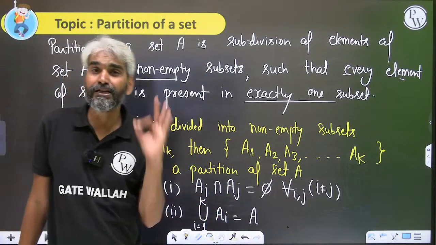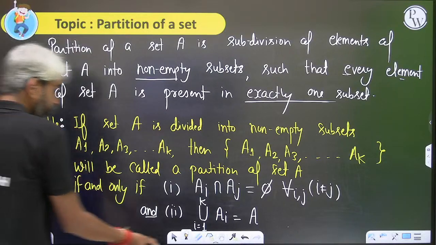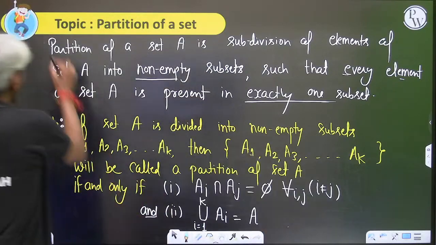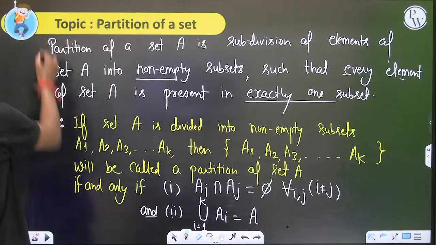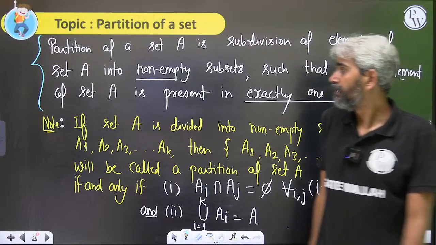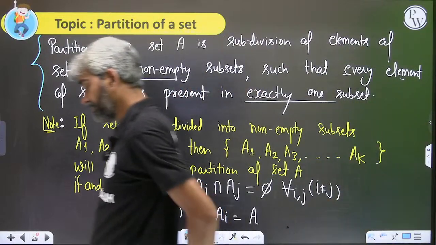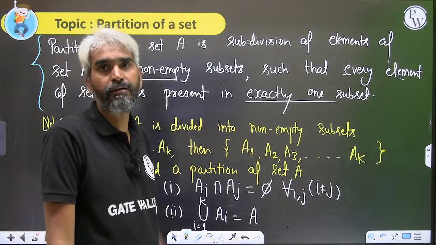That is, every element is present in exactly one set. So this is your definition: a partition of a set A is a subdivision of elements into non-empty subsets, such that every element of set A is present in exactly one subset.